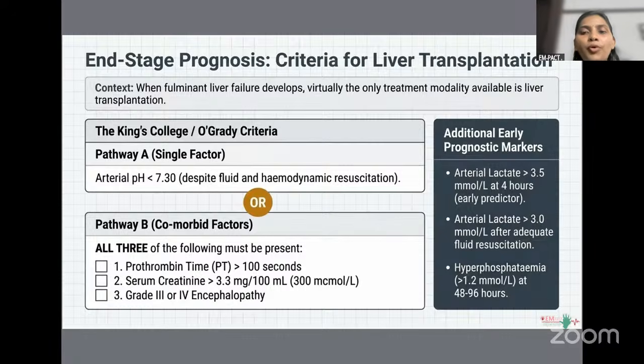If the 4-hour arterial lactate level is more than 3.5, that means the patient is having a poor prognosis. So by that time itself, we can think that this patient may require liver transplantation. So just keep that in your mind, okay?